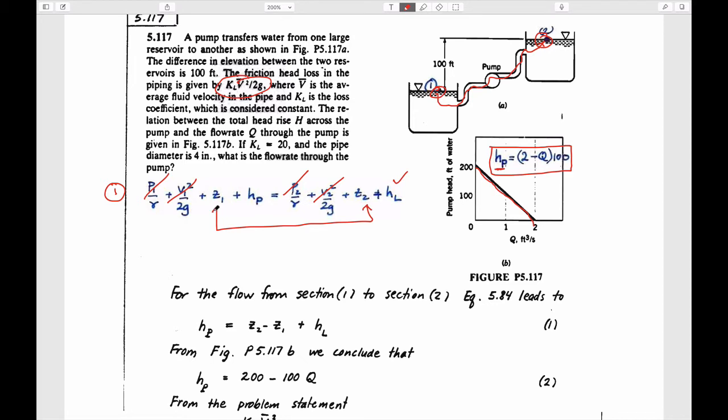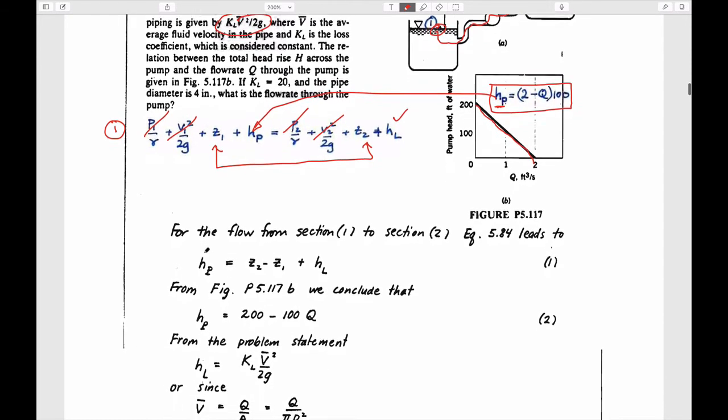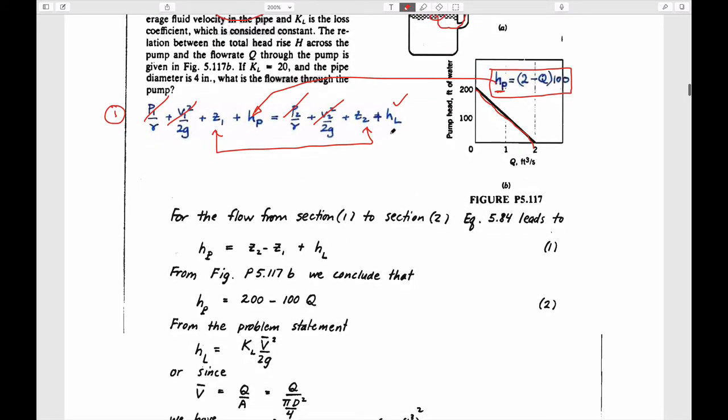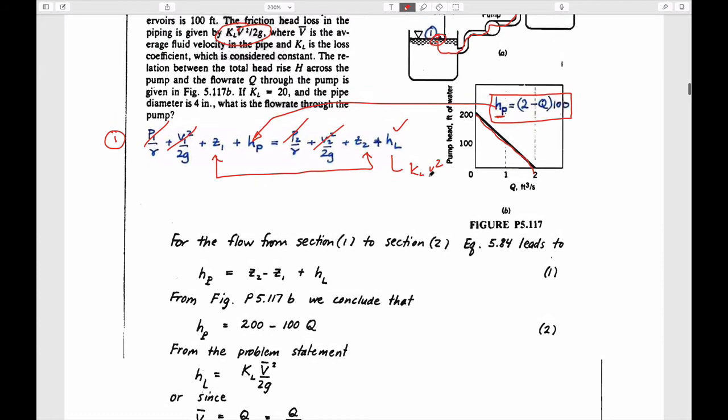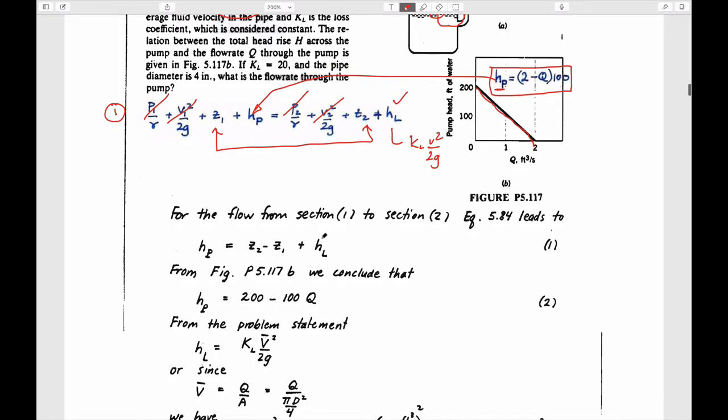And so we can rearrange these equations, substituting this value in here, and we end up with, because the head loss is written as a loss term, KL V squared over 2g, the expression that we end up with has a head loss term in it.